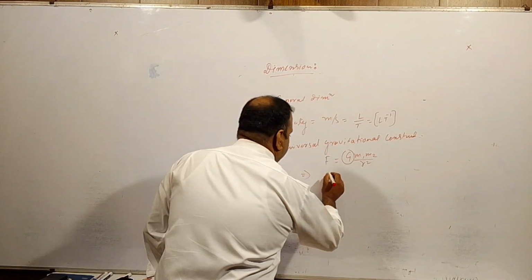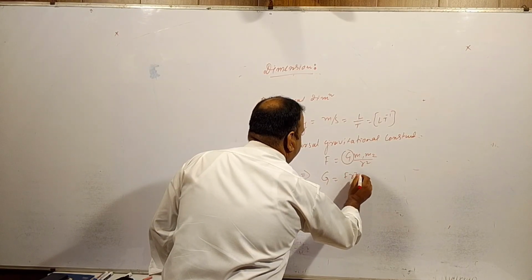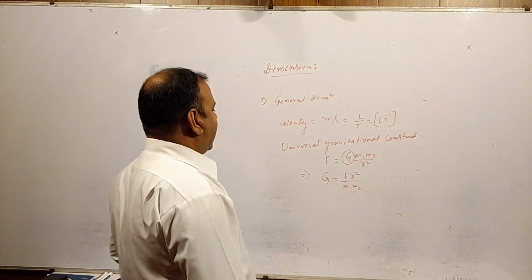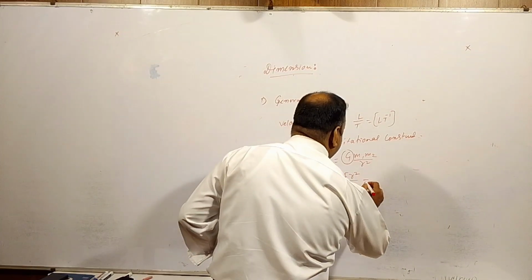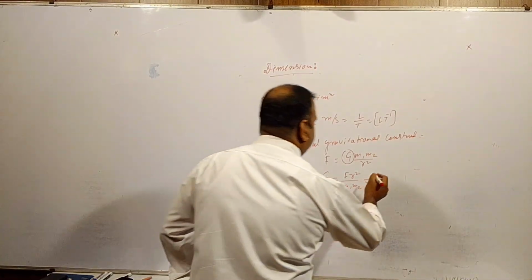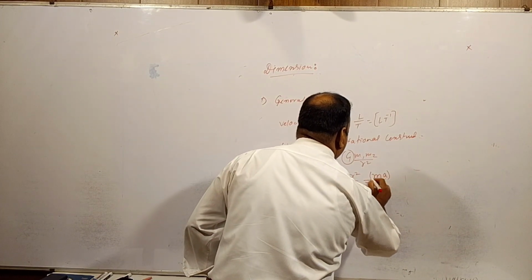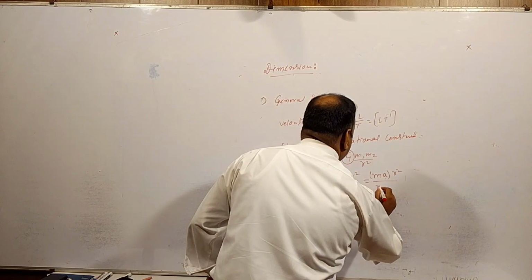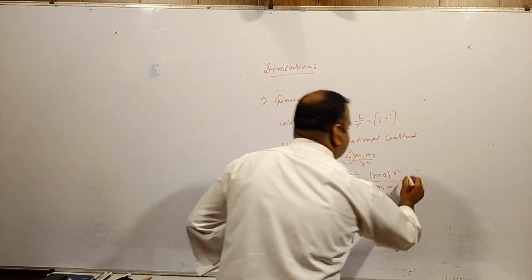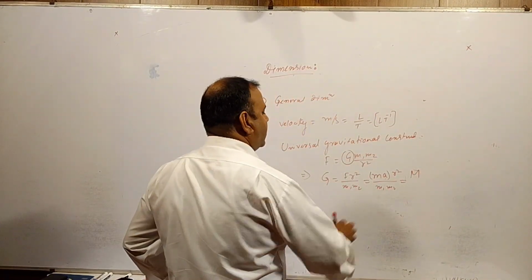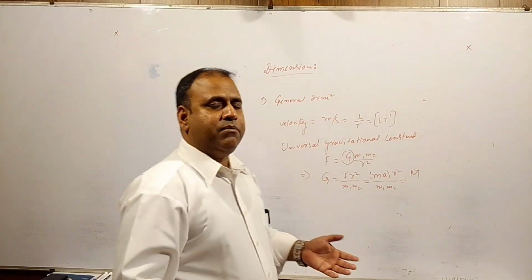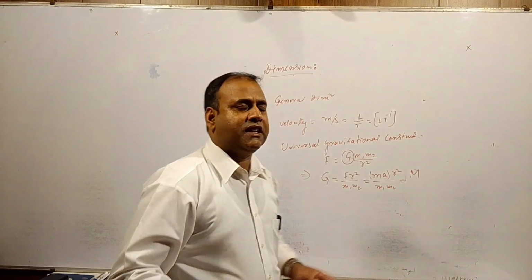Now see, capital G is equal to F r square divided by m1 m2. This is the basic formula, and from the given formula we can find the dimension. Force means F is equal to ma. We can write ma, and here r square, m1, m2. Mass is represented by capital M, and acceleration is meter per second square.